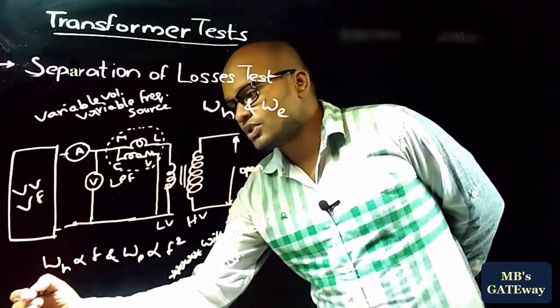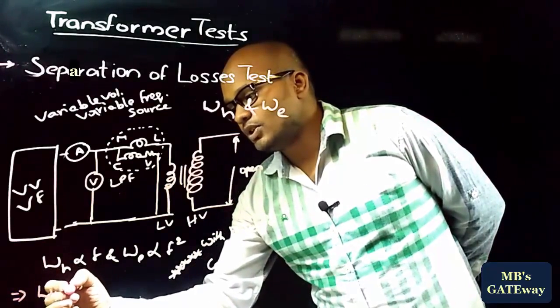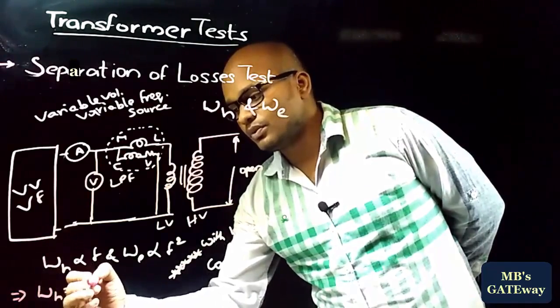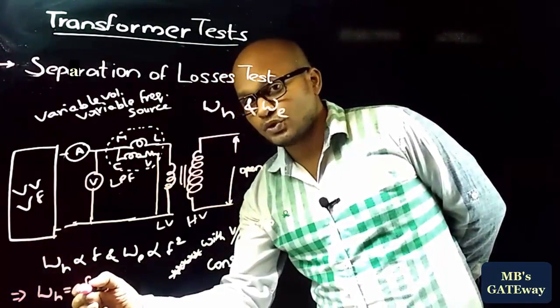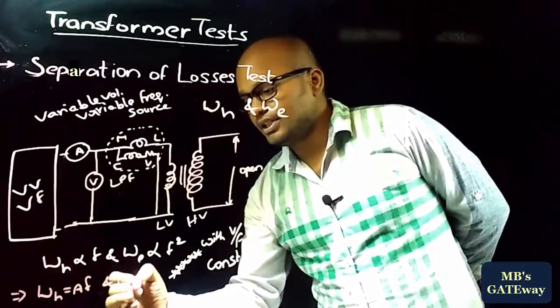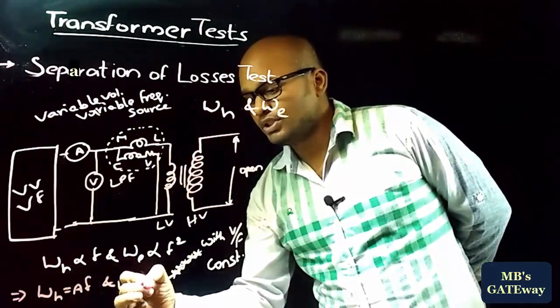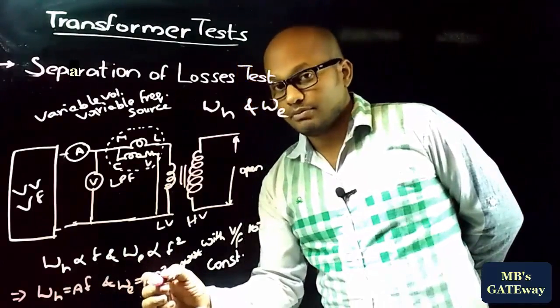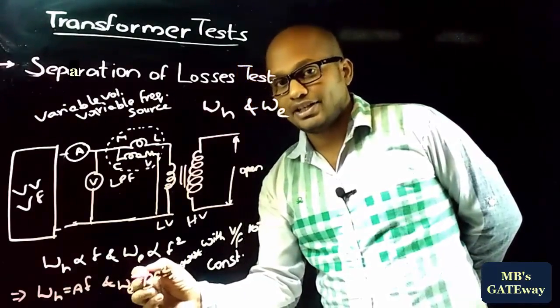Therefore, hysteresis losses can be written as WH equals A into F, where A is the proportionality constant of hysteresis loss, and eddy current losses are taken as B into F square, where B is the proportionality constant of eddy current losses.